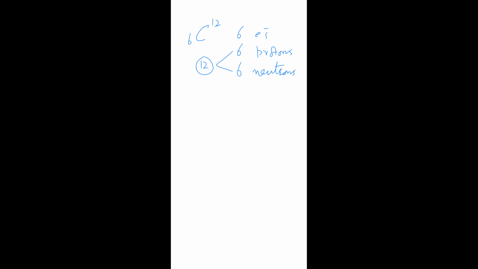The next topic we have to discuss is valency. First of all, can you tell me what valence electrons are? The electrons present in the outermost shell of an atom. Exactly. That is simply the valence electrons.